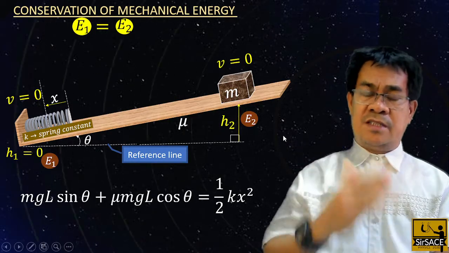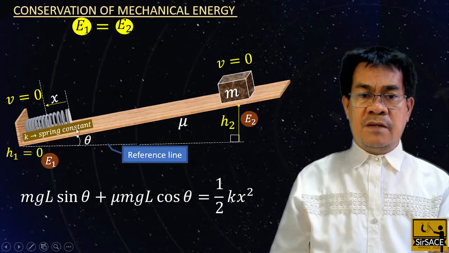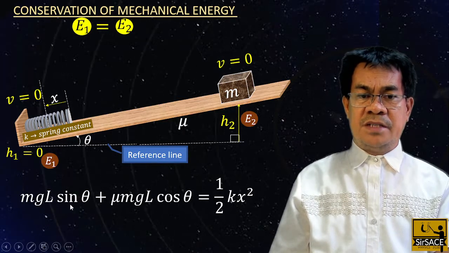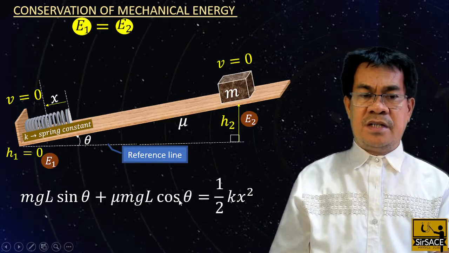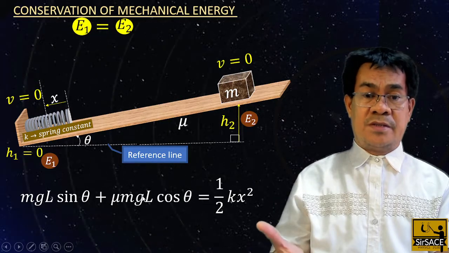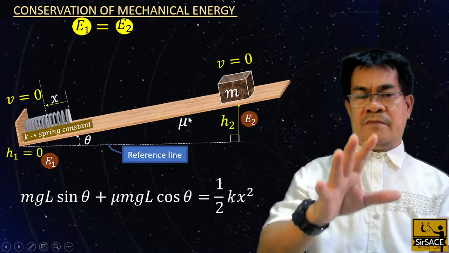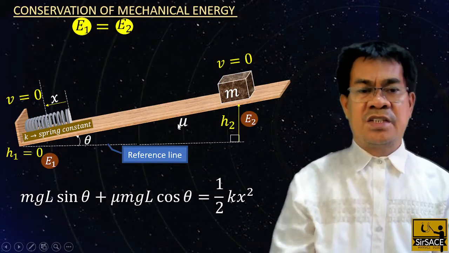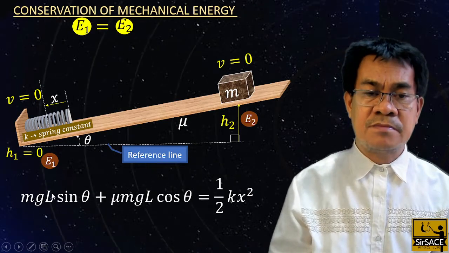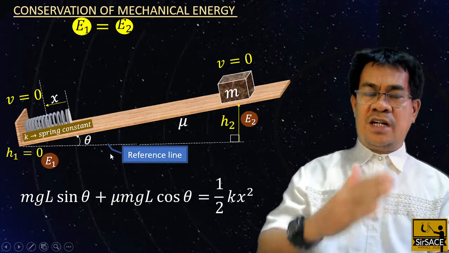Suppose the angle is 0, what will happen? Try to imagine. If this is 0, then this term will become 0. Sine of 0 is 0, and cosine of 0 is 1. So, it will reduce. Now, you can also have, for example, negligible friction, so mu is equal to 0, then this term becomes 0, and we have only this one. Now, again, let us say that the angle is 0.